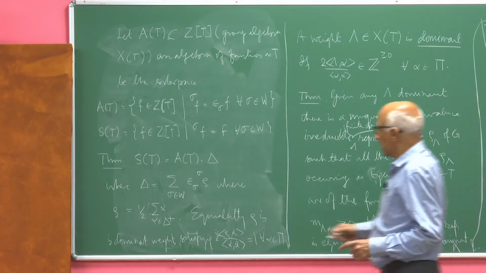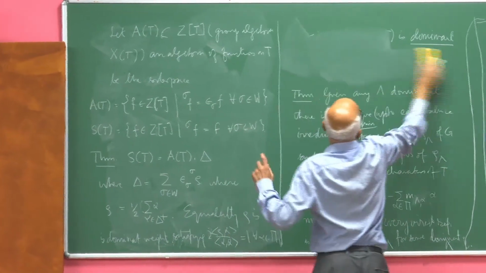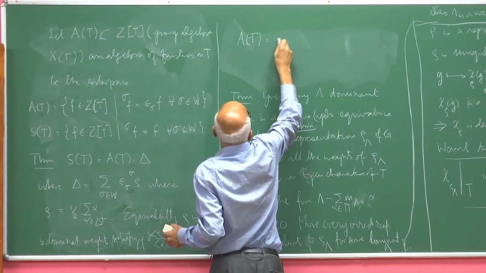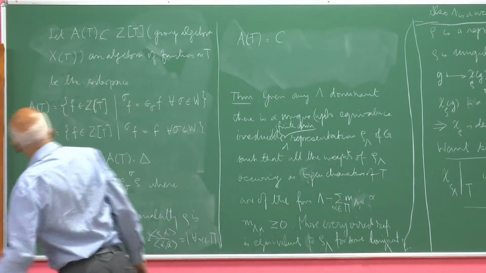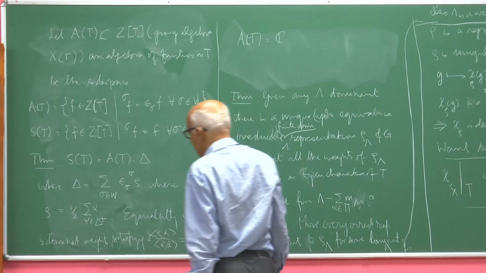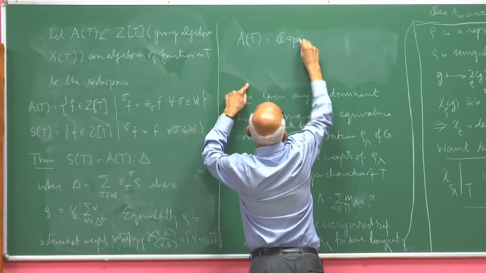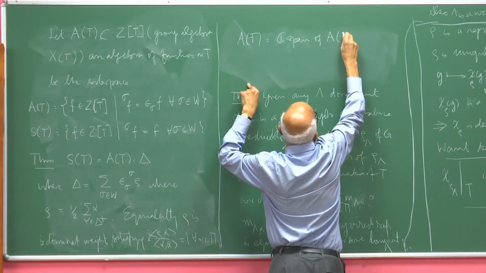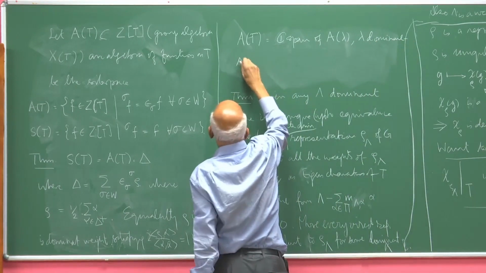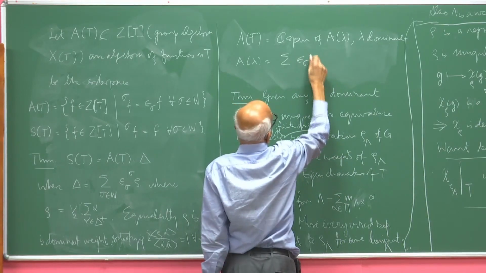So, the point was AT itself can be described as the C span of A lambda, lambda dominant, with A lambda being the sum over sigma of epsilon sigma times e to the sigma lambda.